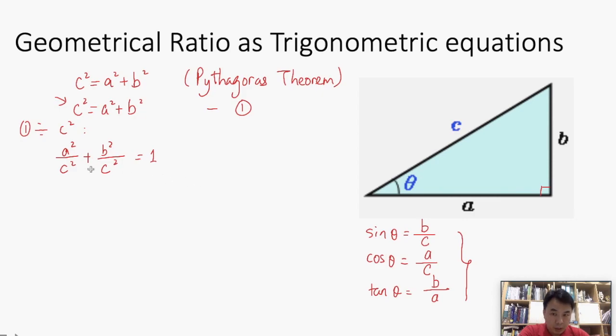And then next I can further describe this in a more suitable format, which is equal to 1 here. Now at this point, we are going to refer back to our normal trigonometric ratios that we have set up here.